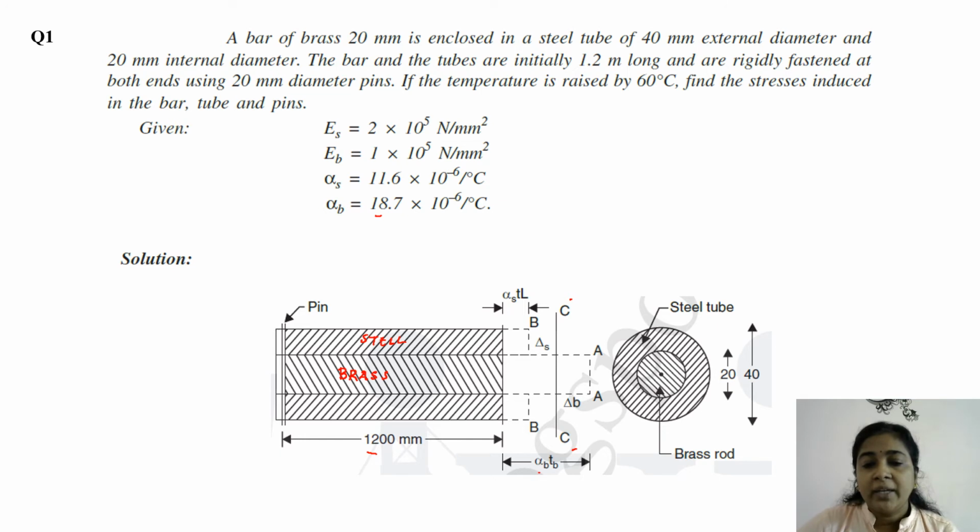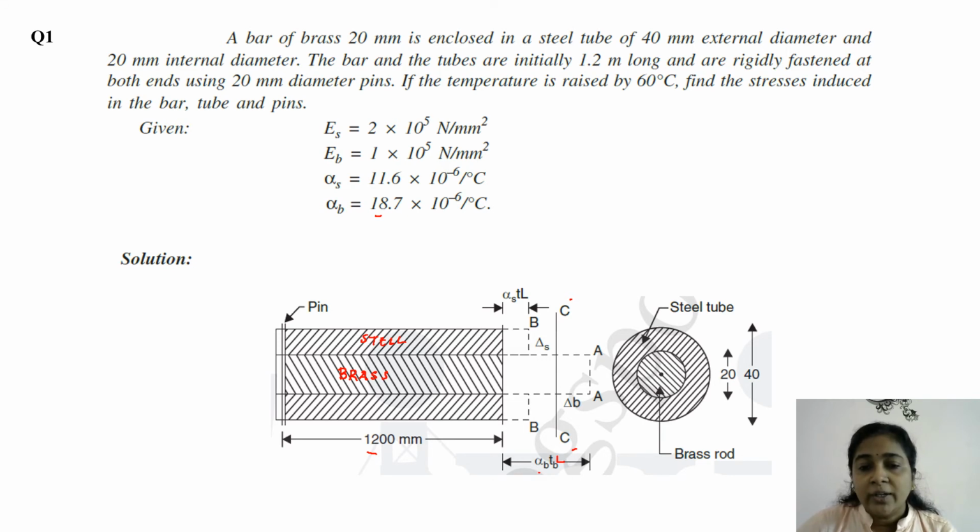Then alpha B into T into L represents the free expansion of brass, whereas alpha S into T into L represents the free expansion of steel. And both should have the final position CC. From this we can write, but before that we can mark the forces here also.